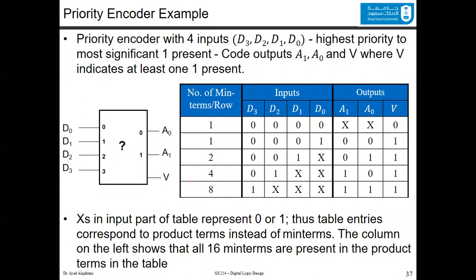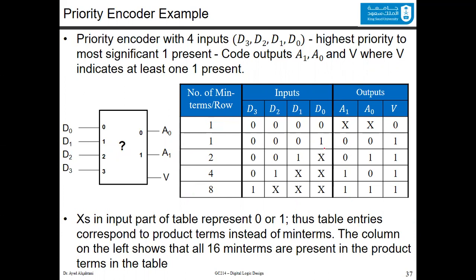This table shows you how the priority is working. And you can see in the first row here, you have the input 0, 0, 0, 0. The output will be no code, which is don't care, because you don't have any one in the inputs. There is no logic one presented here. So the V will be 0.